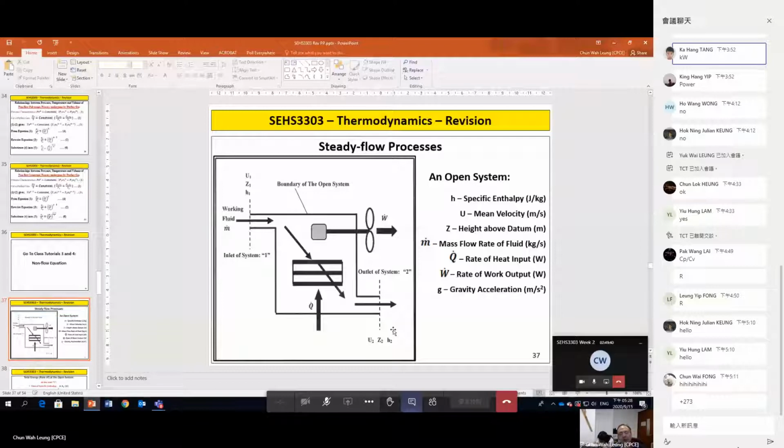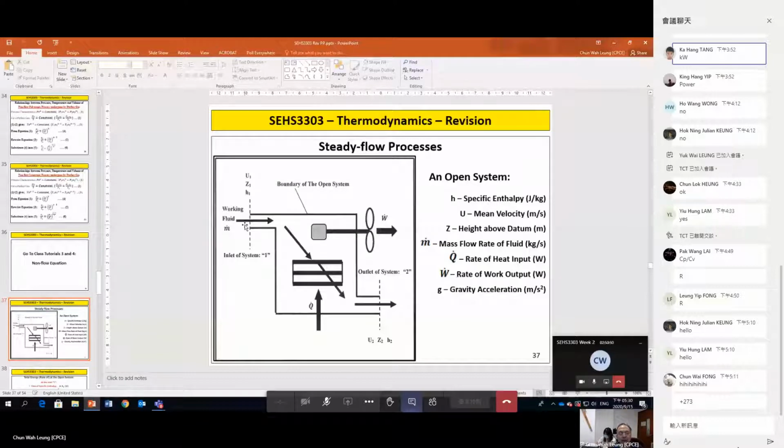What else? For example, it is now traveling with 20 meters per second into the system. The energy associated with the velocity is the kinetic energy.